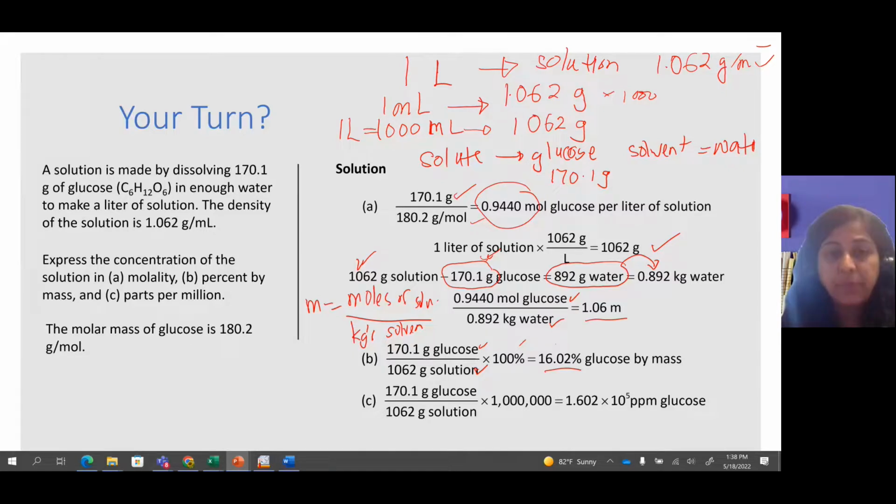Next, parts per million, ppm. For parts per million, instead of 100, you multiply that by 1 million. Then you get the answer in ppm.